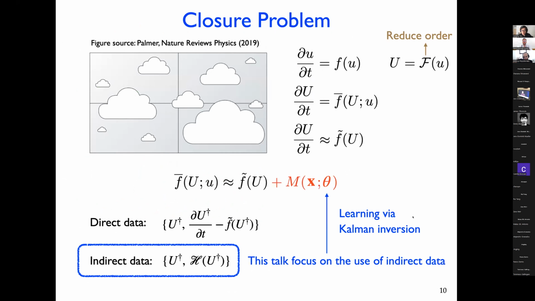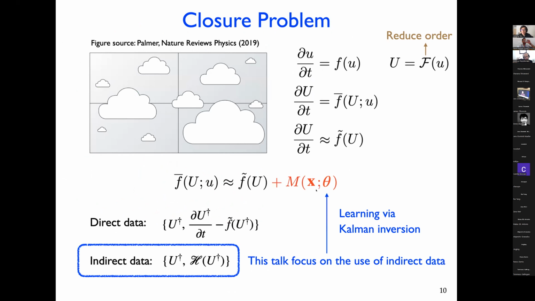Some of you may have already noticed that up to now, for the error model term, we made the assumption that it is a function of spatial coordinates.